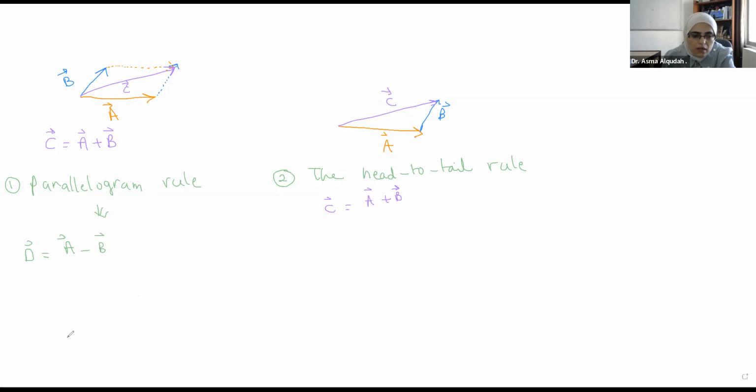We have vector A in this direction, and we have B in this direction, but this time we don't need vector B. Actually, we need minus B, because it's A minus B. So what we do is flip the vector B to the other side, a 180 degree flip. So this is minus B.